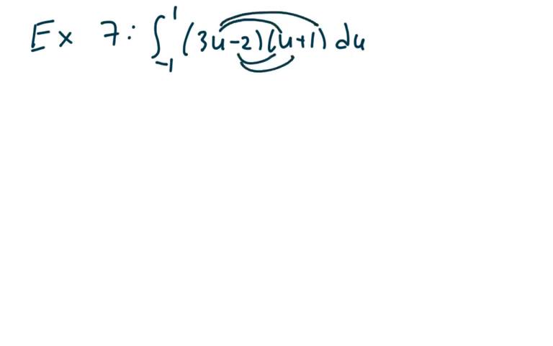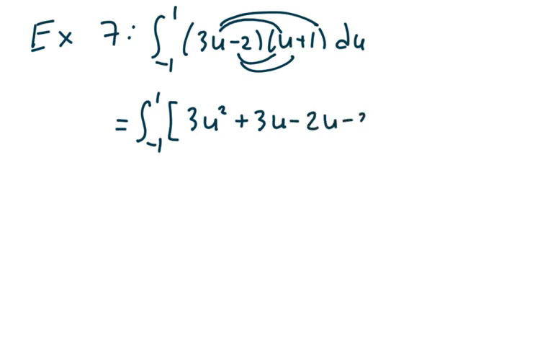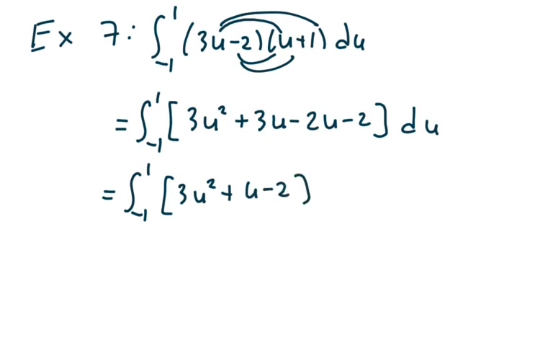So we got to know what that integrand is. So we get integral from -1 to 1 of 3u squared plus 3u minus 2u minus 2 du. So we get -1 to 1 of 3u squared plus u minus 2 du.